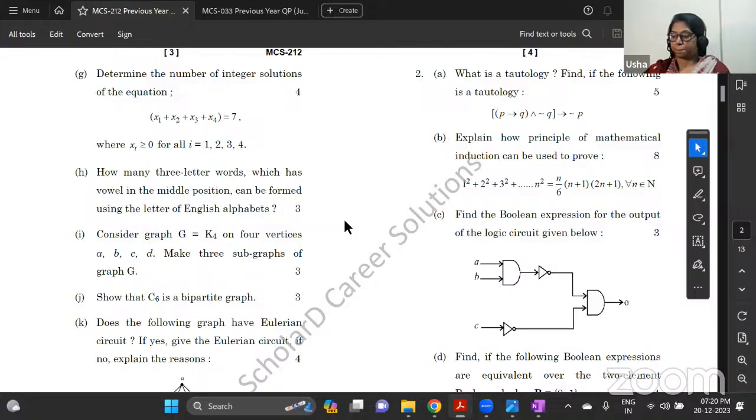I think there is a lag. Truth table, do you know? Do you want me to explain? If you know, I'll go to the next one. No response, so I believe you know it.